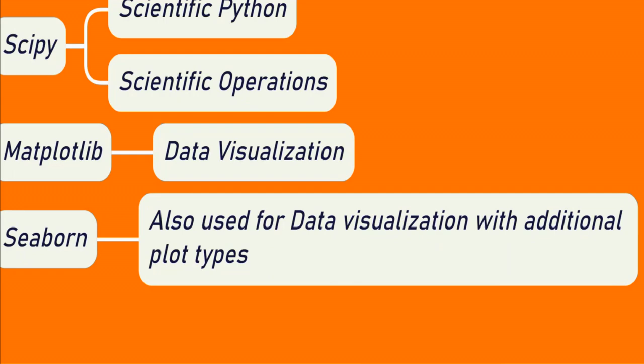It contains more plotting types, and you can customize your charts and plots with the help of Seaborn. Visually it also looks very attractive when compared to a Matplotlib output. That is why we are going for Seaborn. Like this, there are so many libraries available, like Seaborn, Plotly, completely used for data visualization purposes.